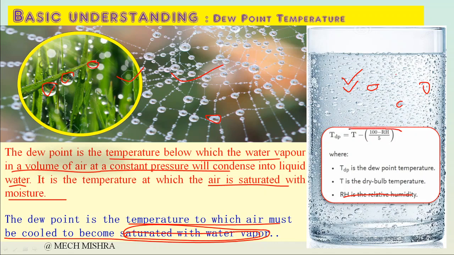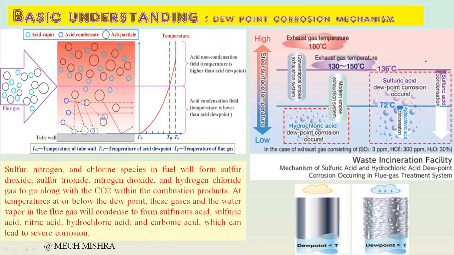Now you have understood that when the surface temperature of a metal goes below the saturation temperature, the moisture in the stream gets saturated and condensed on the surface, and it will form such water droplets.